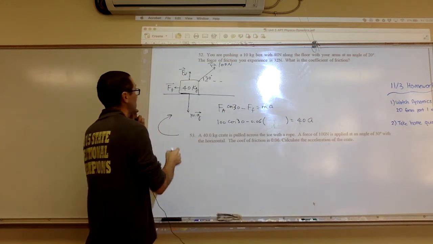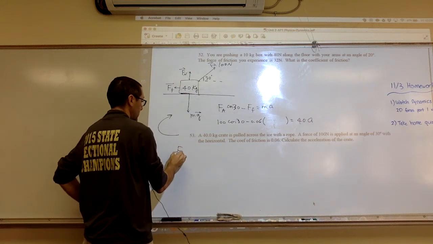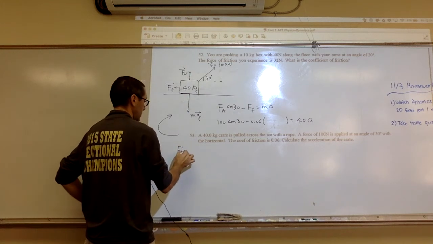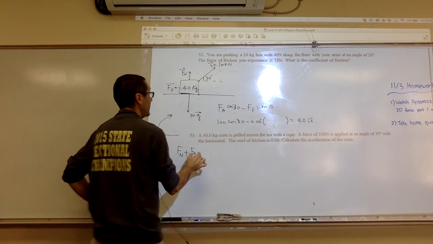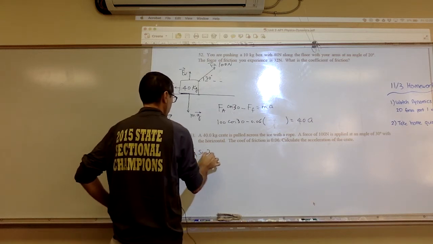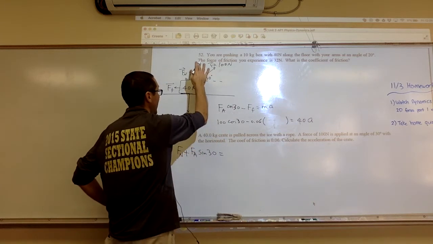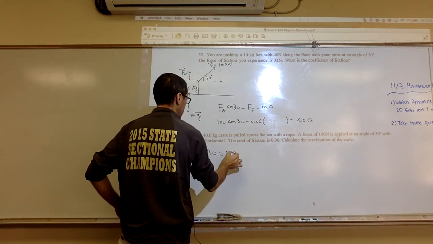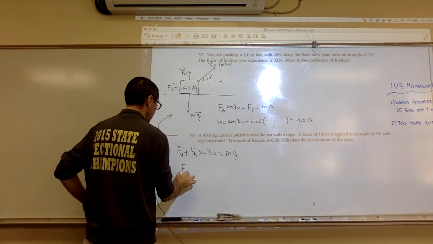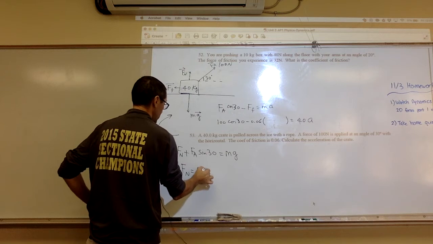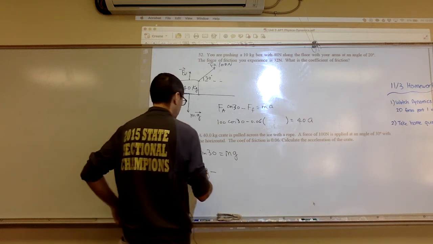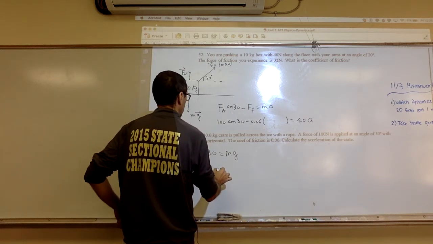So now if I go to the y direction, I can see that Fn is pointing up. The y component of Fa is pointing up, okay? And those two should add up to equal mg. So Fn is mg minus something. So it has to be less. We already know that conceptually.